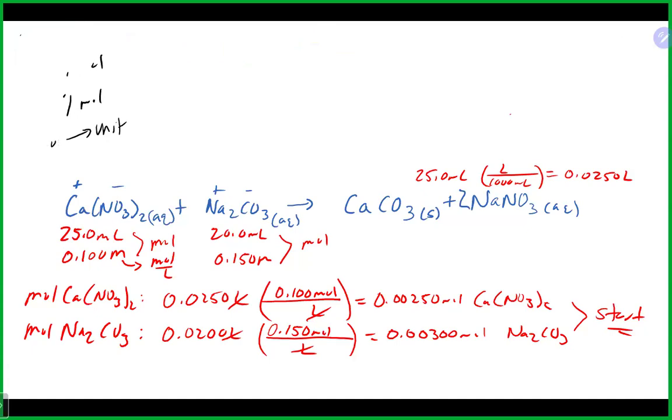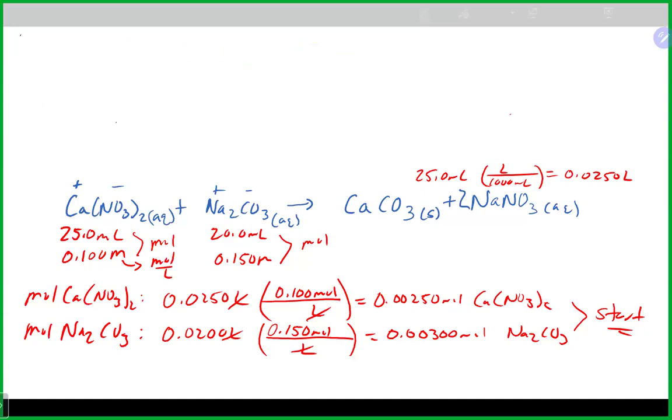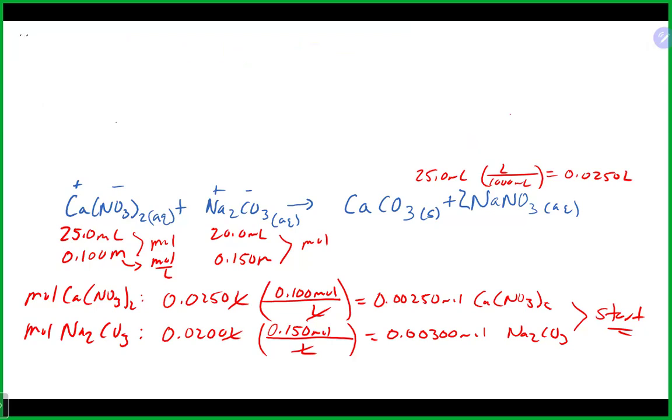All right, so I'm going to take the calcium nitrate and figure out how much sodium carbonate is needed. I would take my moles of calcium nitrate and do a mole-to-mole relationship between our reactants, which is a 1-to-1 relationship.